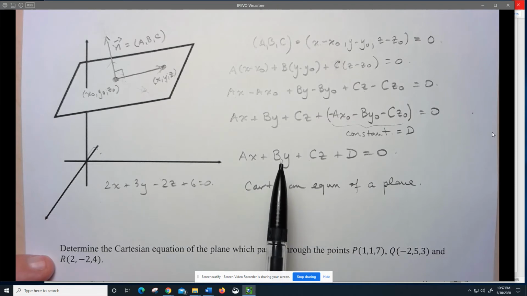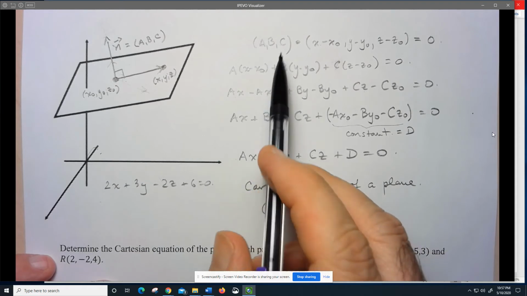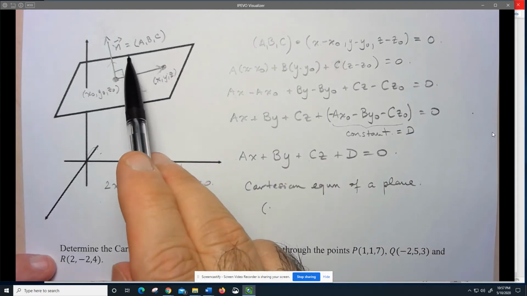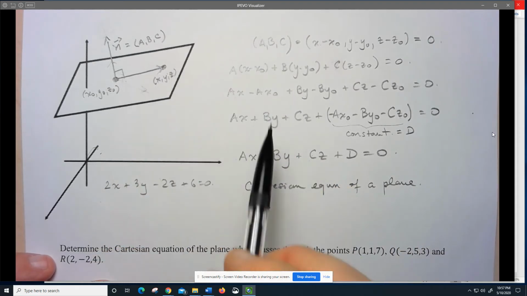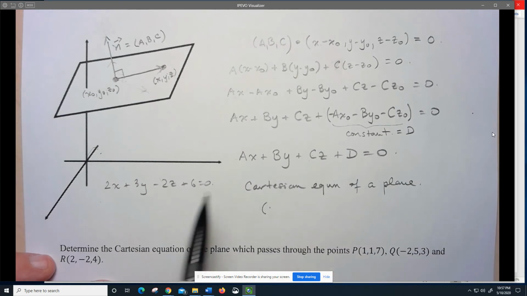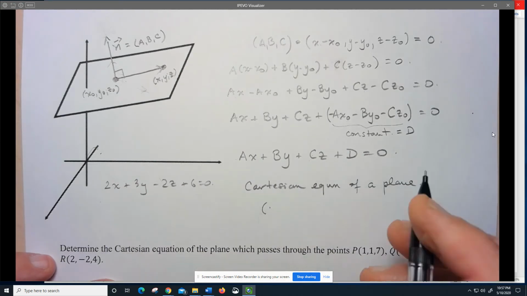But what's important to realize is that these values here, the a, b, and c, the coefficients of x, y, and z, have a physical meaning. And so now you're seeing I didn't choose this a, b, and c by accident. I kind of knew we were going to get to something that looked like our standard equation of a line.